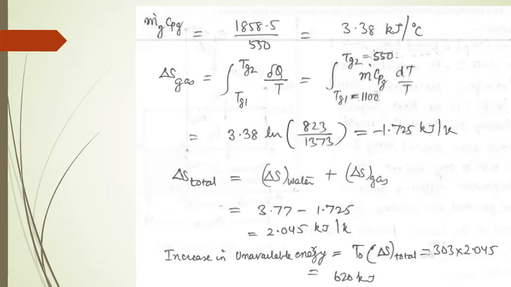Now the entropy change of the gas can be obtained by integrating del Q upon T from the limit Tg1 to Tg2. Now Tg1 is equal to 1100 degrees Celsius and Tg2 is equal to 550 degrees Celsius. But remember, in the expression, whatsoever comes, you have to put the temperature in Kelvin.